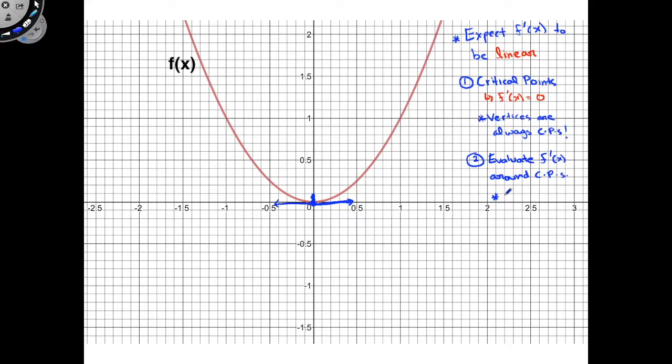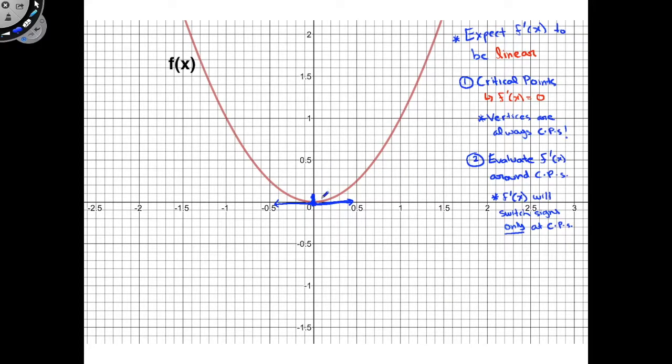So key point, f prime of x will switch signs only at critical points. Okay, another key piece of information there.